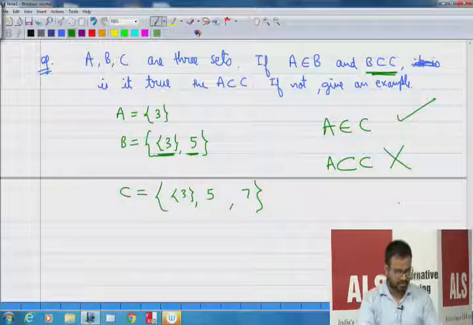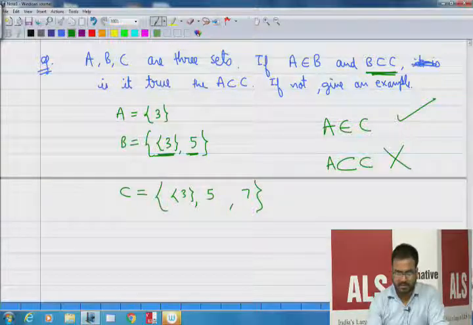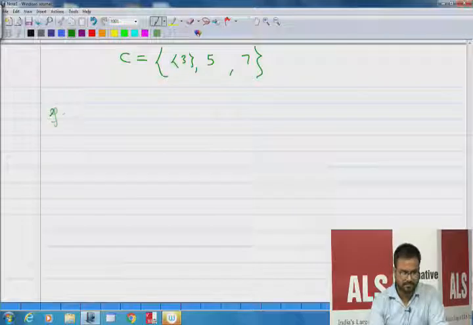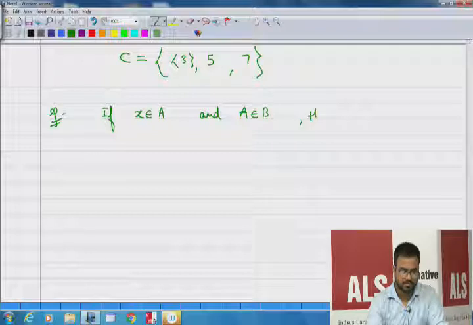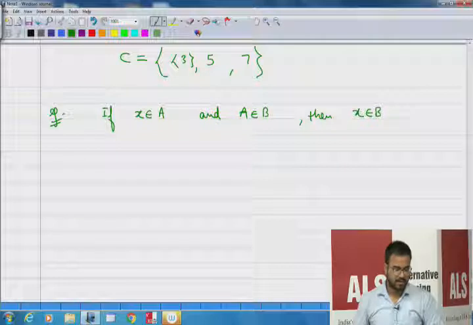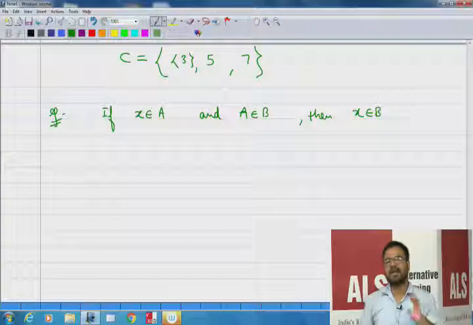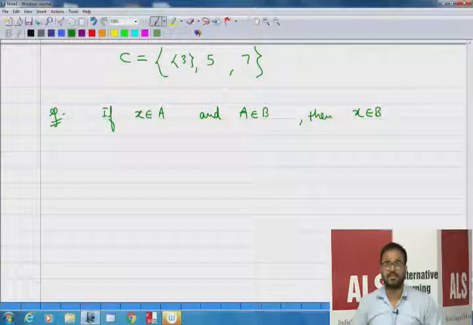Okay, that's true. Now, let's do one more example like this. If X is an element of A and A is an element of B, then X is an element of B. We have to see whether this is true or false, and if it is true, it has to be true in all the cases, not in some cases.